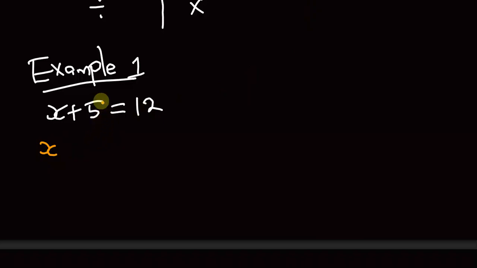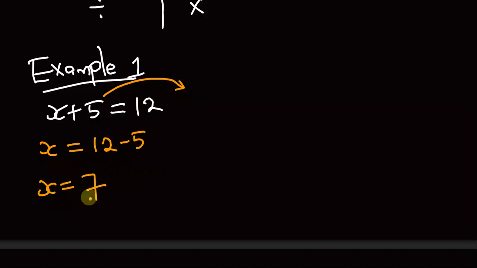The 5, we will take it to the other side. It crosses the equal sign, then it changes sign. That means x will be equal to 12. It was plus 5, now it will become minus 5. That means our value of x is 7.